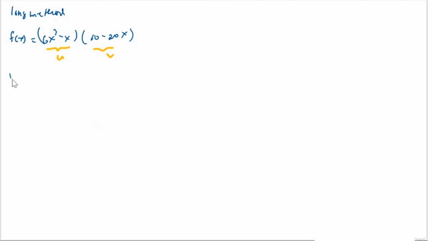So using the formula of uv, the derivative of that is equal to u dv plus v du. I'll write first the given of u, which is now 6x cubed minus x, and we have v is equal to 10 minus 20x.